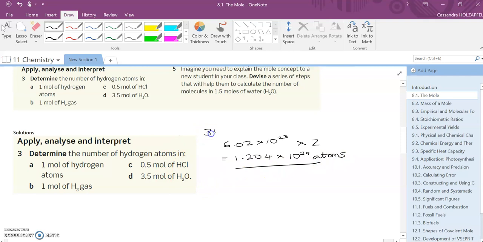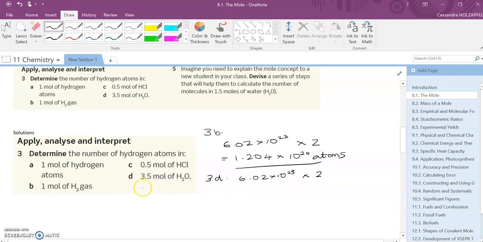Now let's do the same thing. I'm going to do 3D as my second example. So in 3.5 moles of H2O. Now again, normally we have 6.02 times 10 to the 23 particles in 1 mole of a molecule, but we're not talking about the molecule, we're actually breaking it down into the individual atoms. So again, we've got 2 hydrogens, so I'm going to multiply that by 2.